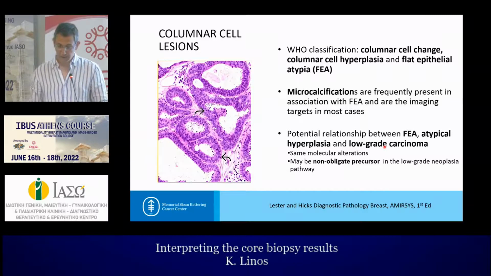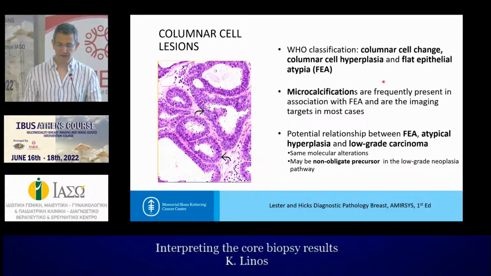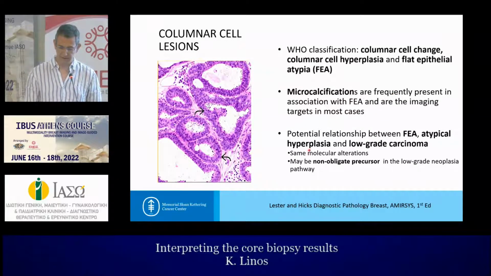What are the data? The WHO classification divides columnar cell lesions into three categories: columnar cell change, columnar cell hyperplasia, and flat epithelial atypia. These lesions frequently present with microcalcifications, which are the imaging target in most of these cases.